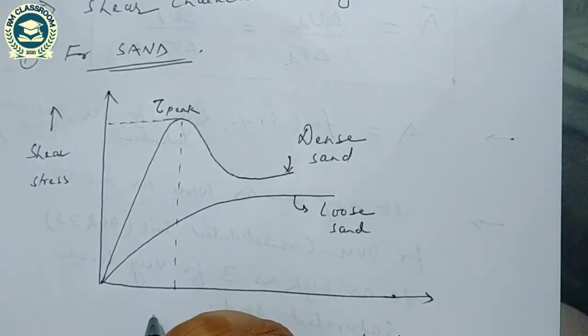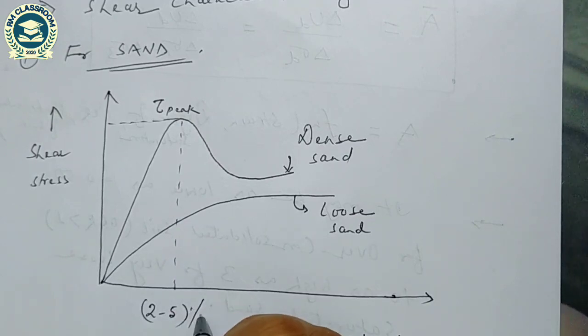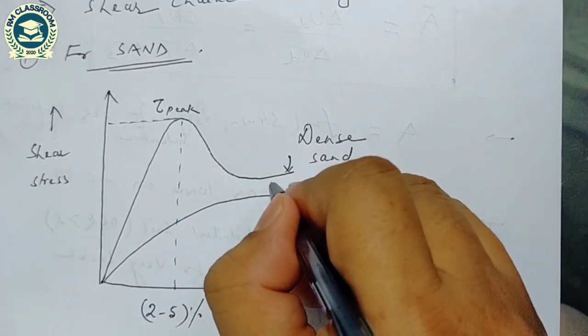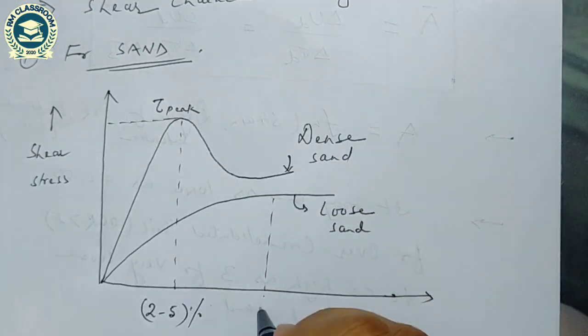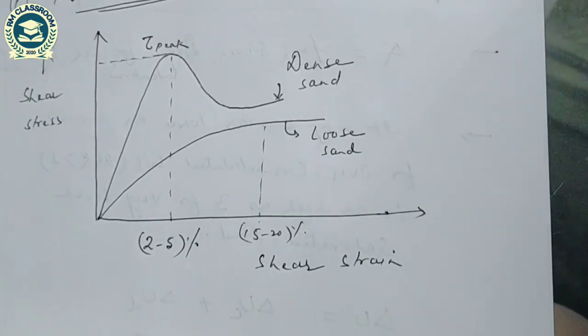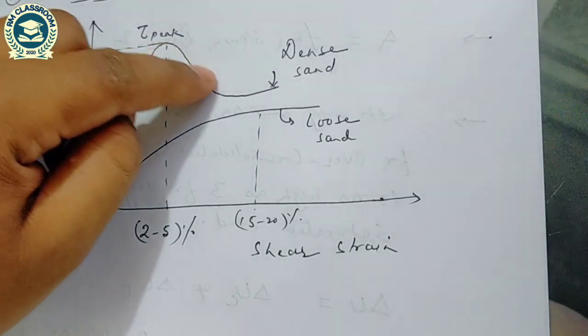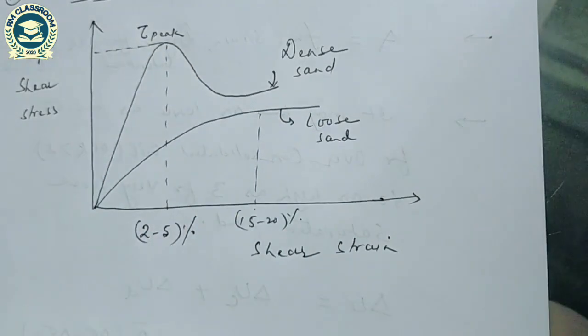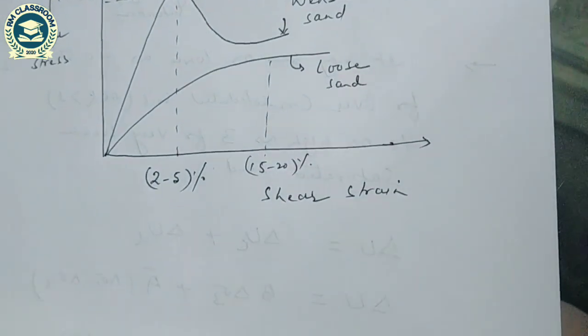This maximum shear stress occurs at 2 to 5% of shear strain, and the constant value is reached at 15 to 20% of shear strain. This is also for the over consolidated soil, and this is for the normally consolidated soil.